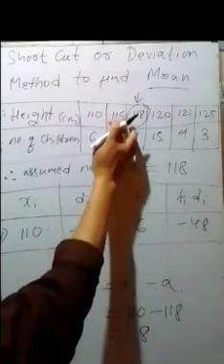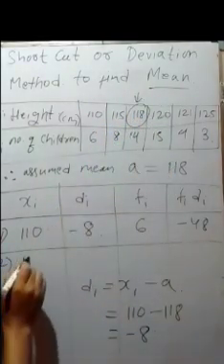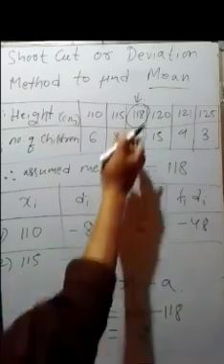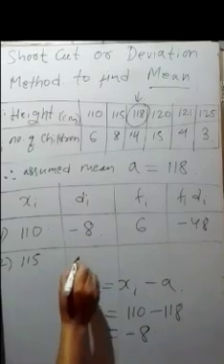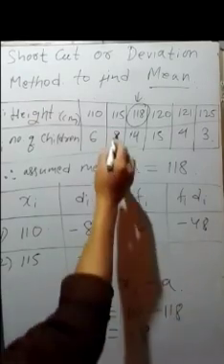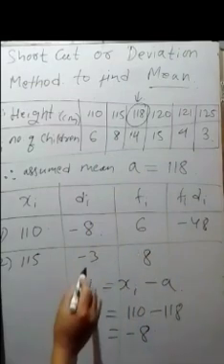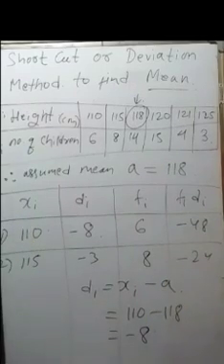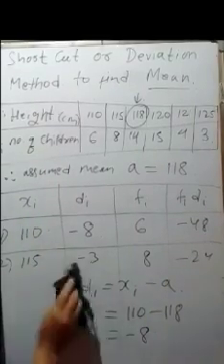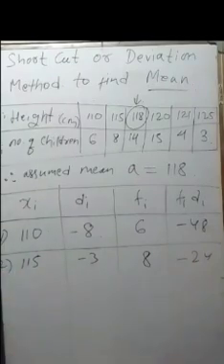Now the second data is 115. The difference will be minus 3, and the frequency is 8. Minus 3 into 8 is minus 24. Clear? Now in this way you have to find all the data, 1, 2, 3, 4, 5, 6.